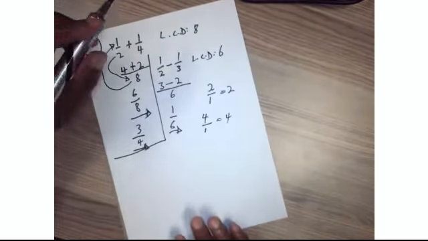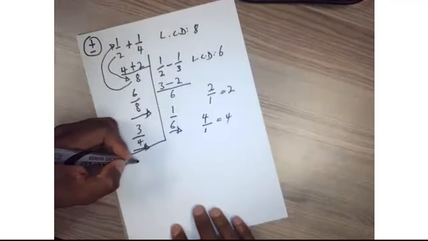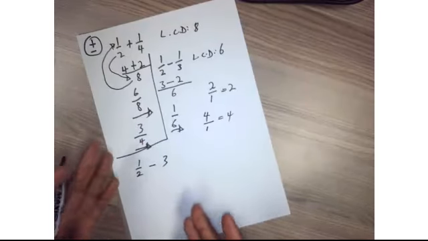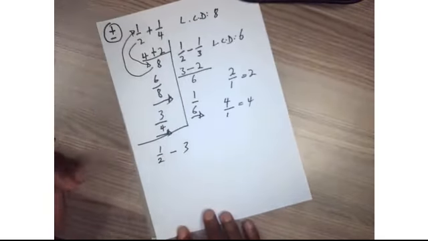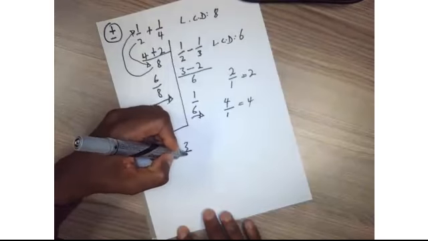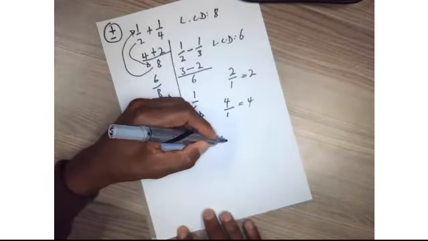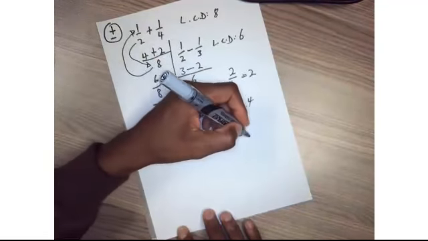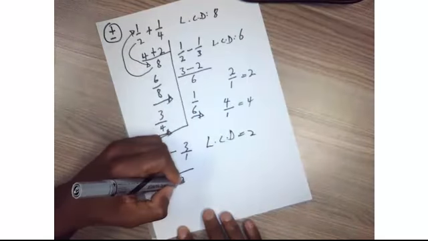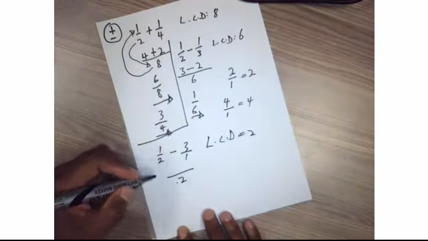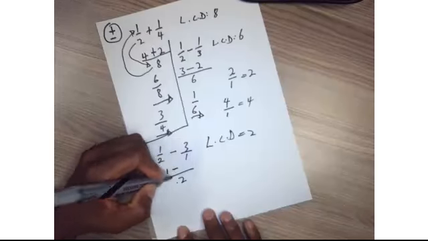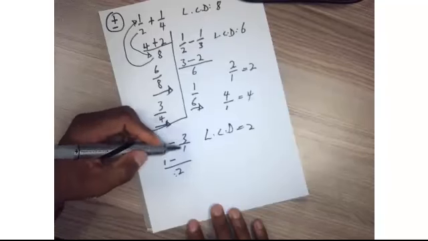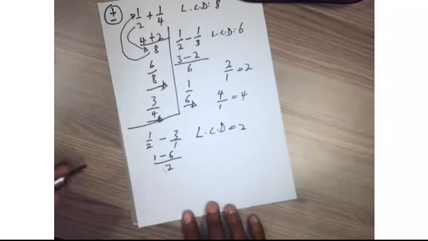Understood? So now we're going to look at 1 over 2 minus 3, right? If they give it to you like that, you follow the same procedure. You just divide by 1, find your LCD, equals to 2, which is quite easy. 2 into that once, 1, minus twice, 6, right?